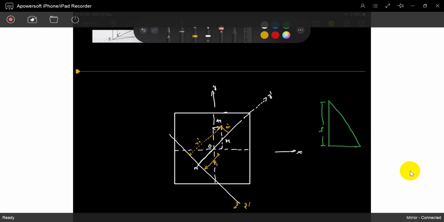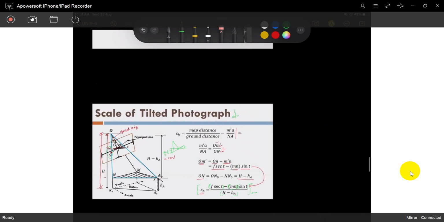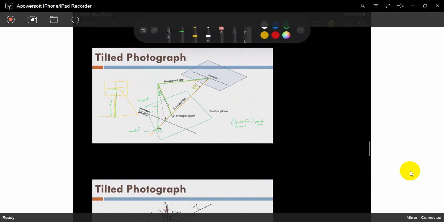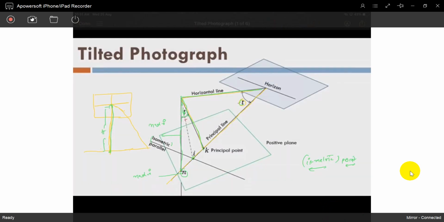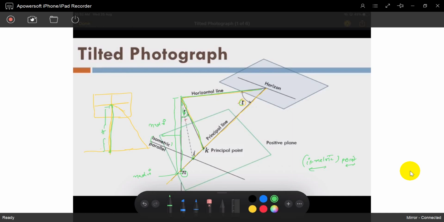In the previous image, this height is the focal length. This is the negative, exactly the principal point. Based on the principal point, this is the focal length.